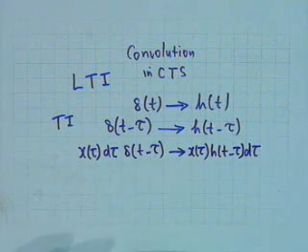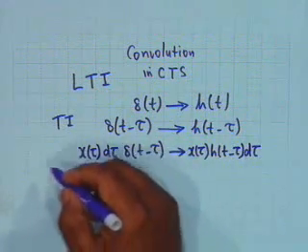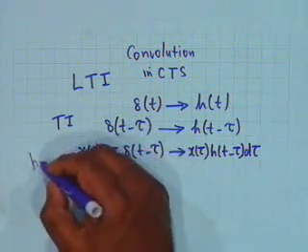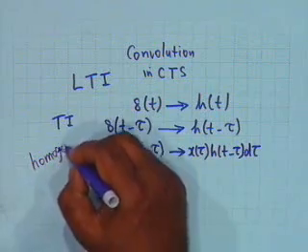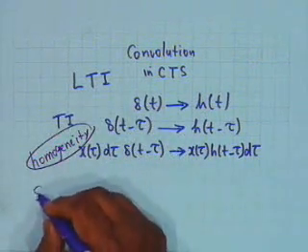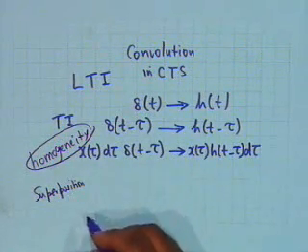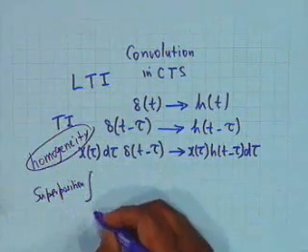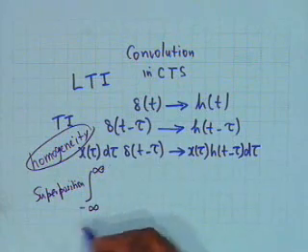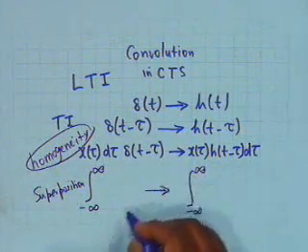And the next thing that we do, what principle is being employed here? This is homogeneity. That is, if the input is multiplied by a constant, the output must be multiplied by the same constant, homogeneity. Then we apply superposition, the other part of linearity, which means that we integrate the left hand side from minus infinity to plus infinity, and we integrate the right hand side also from minus infinity to plus infinity.